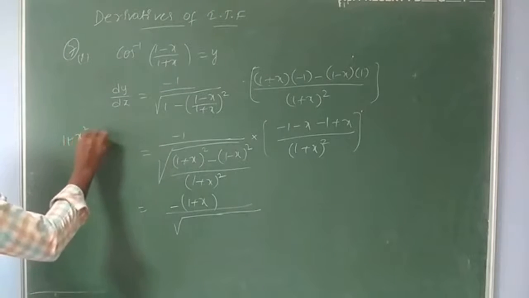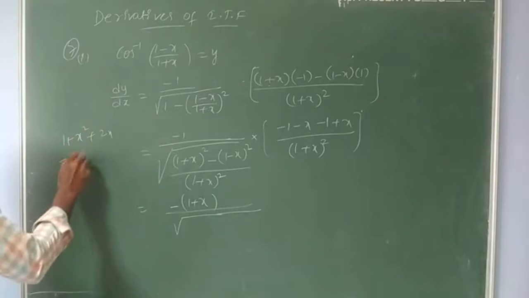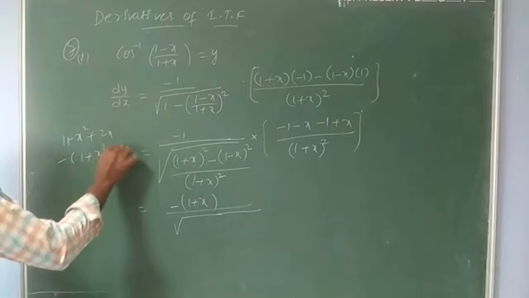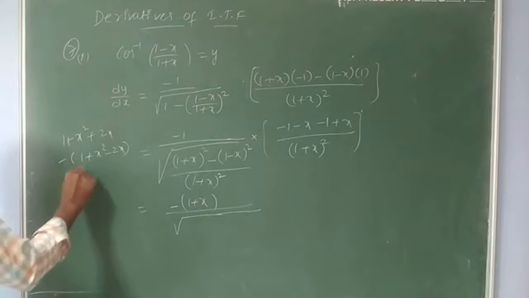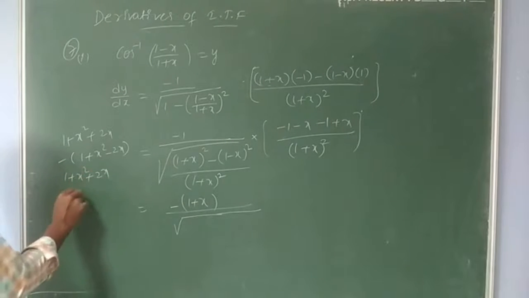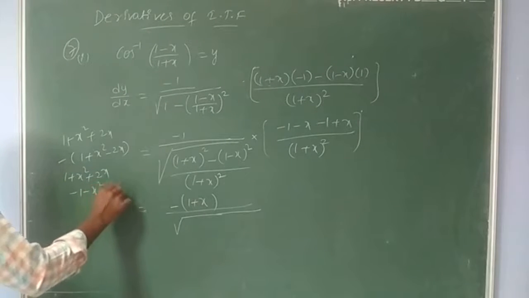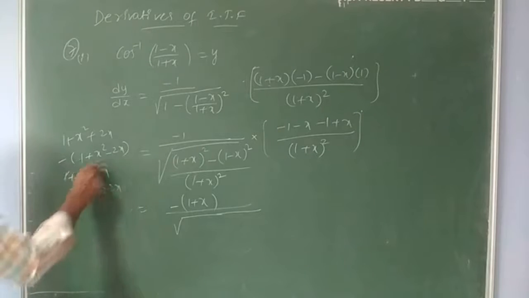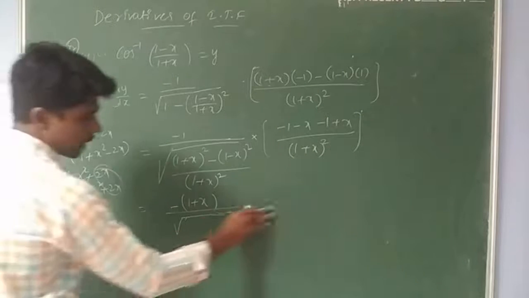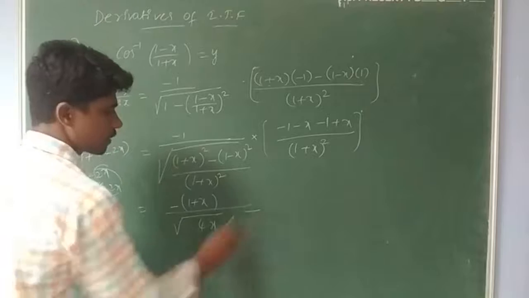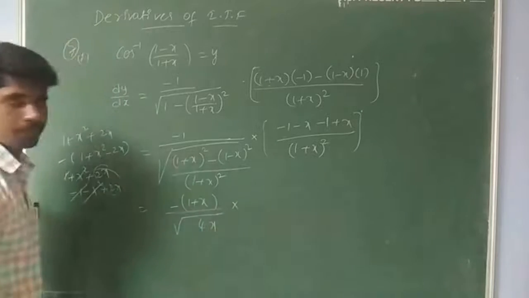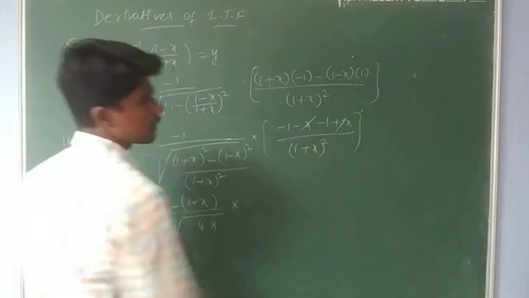1 plus x square plus 2x minus of 1 plus x square minus 2x. We get 1 plus x square plus 2x minus 1 minus x square plus 2x. So I got 4x. So I get here root of 4x into minus x and plus x gets cancelled.